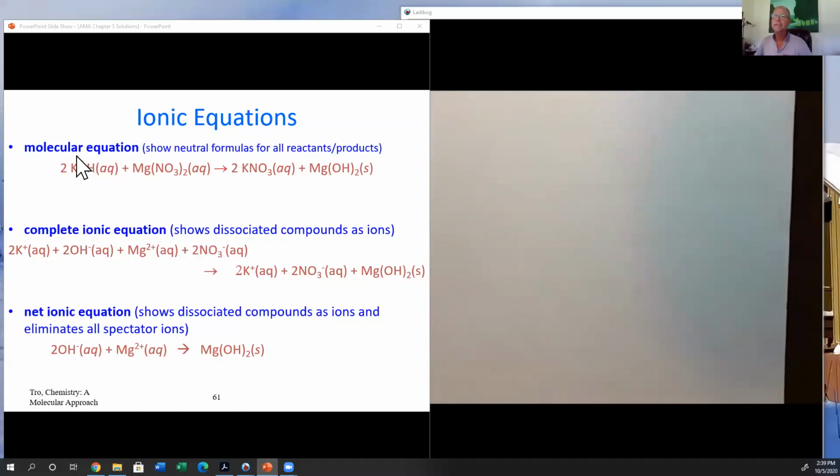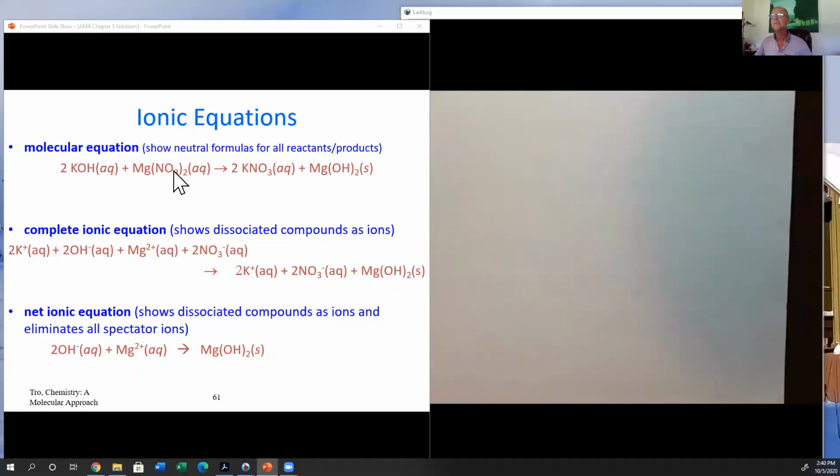So in other words, is KOH present in water as potassium hydroxide units? No. It's present as potassium and hydroxide ions that are separated, right? Because it dissociates in solution. Remember how we talked about strong electrolyte solutions, right? This is an example of a strong electrolyte solution. Any soluble ionic compound is going to be a strong electrolyte solution, right? So it actually exists like this.